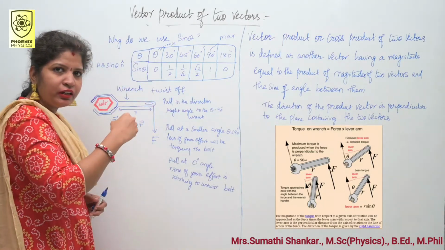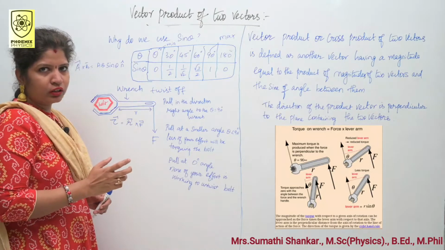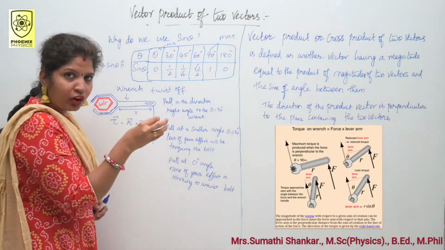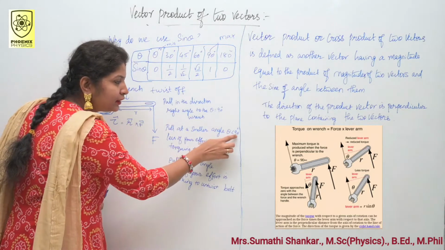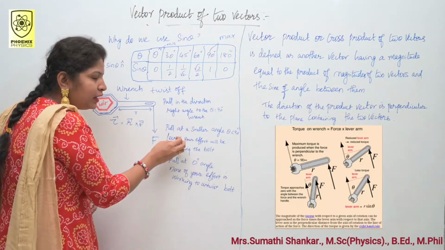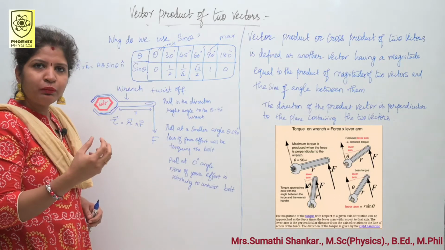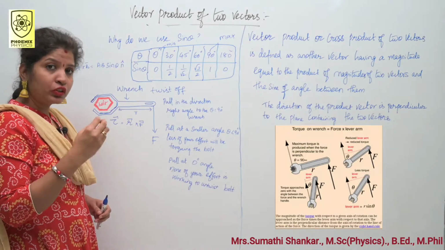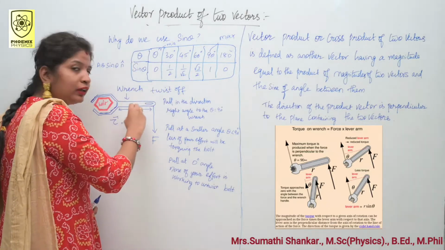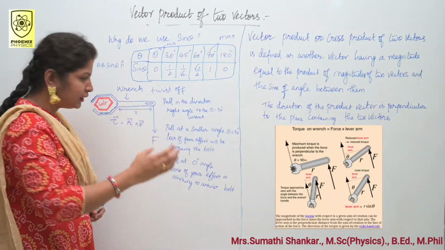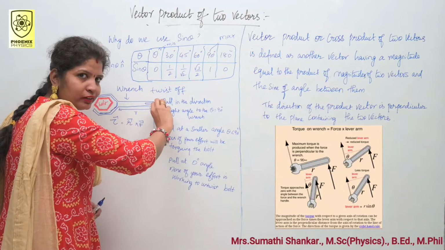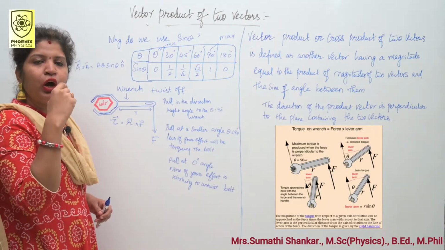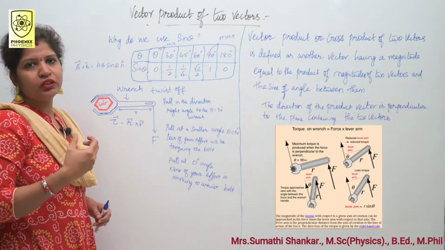You can easily untwist the bolt. Suppose you pull at a smaller angle, less than 90 degrees, less of your effort will be torquing the bolt. Suppose you pull the wrench at 0 angle, along the wrench, none of your effort is working to untwist the bolt.